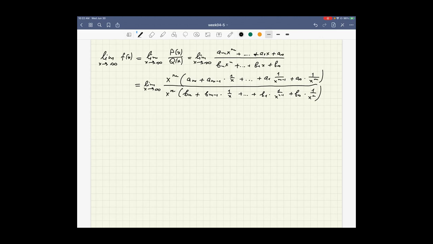Now, x to the power m over x to the power n is x to the power m minus n, and the rest of this construction stays.